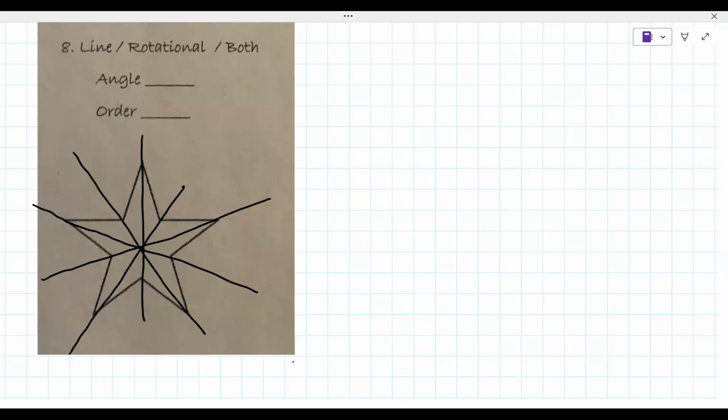Yes, it looks like the star has an order of 5. The angle would be, hmm, angle of rotation, 90 degrees.